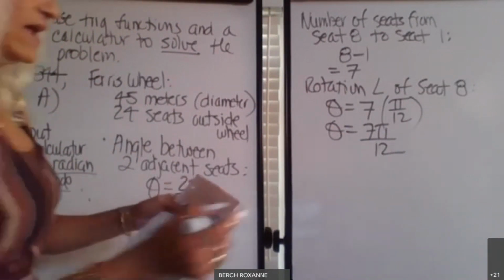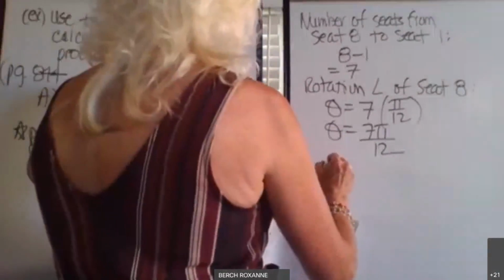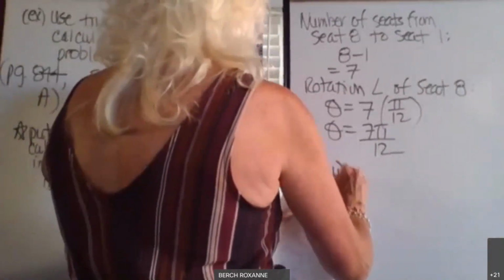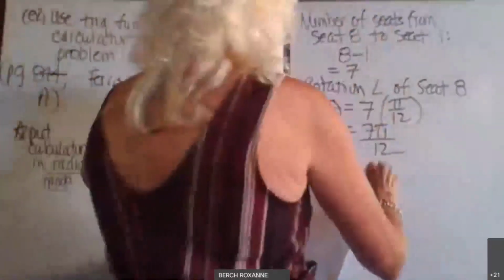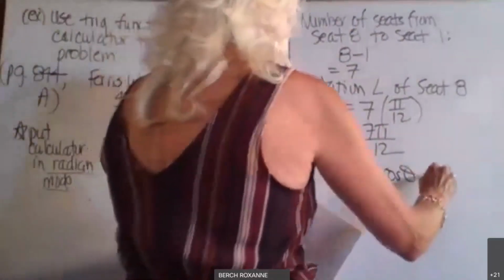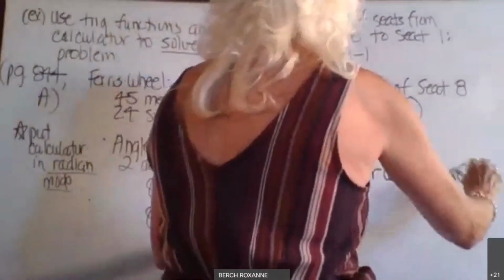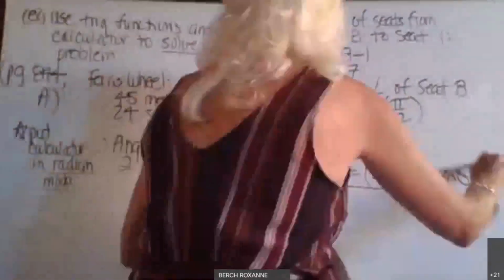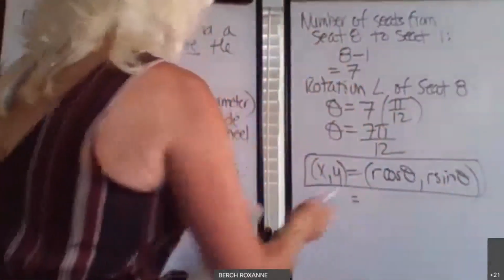From that, I'm going to find the x and y coordinates. What I know is that the ordered pair is r cosine theta and r sine theta.